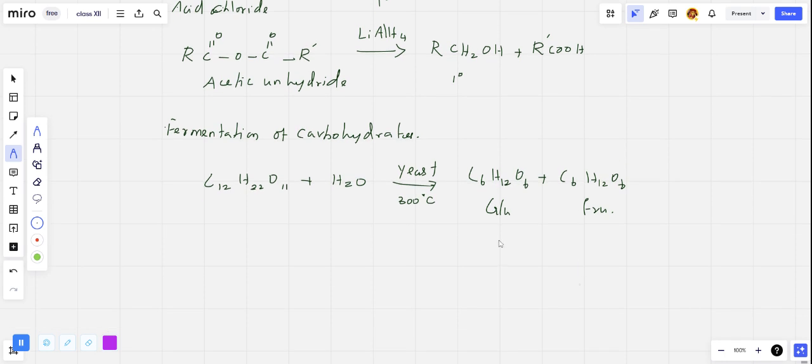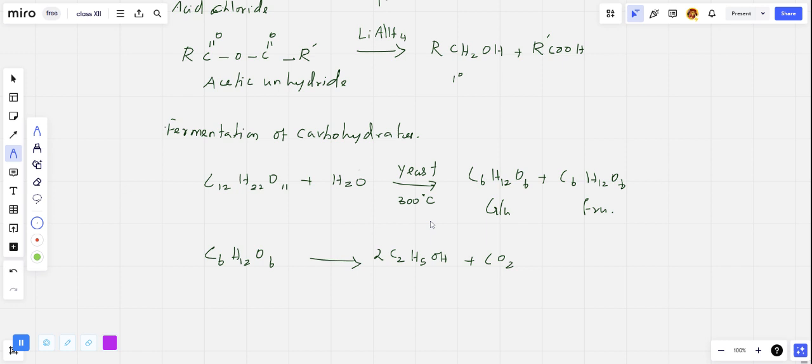This undergoes decomposition again. C6H12O6 gives alcohol. Why are we using water here? If you are not using water, the yeast cannot grow, so that is why we add water.